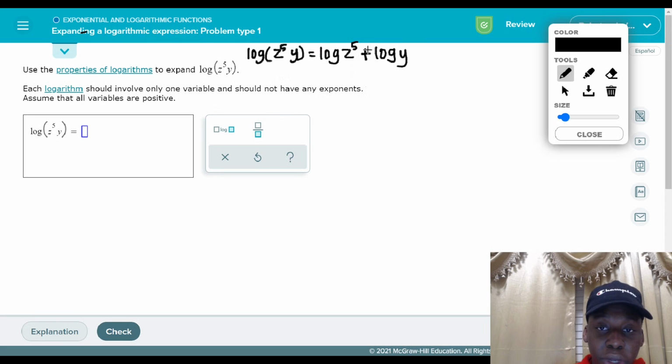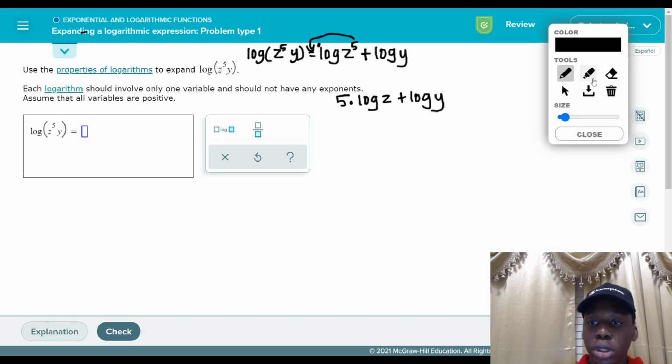In order to remove the exponent, we do what we've been doing since the first two examples: we take this 5 down here and multiply it by log z. So we say 5 times log z plus log y. So this is the expanded form of this question.